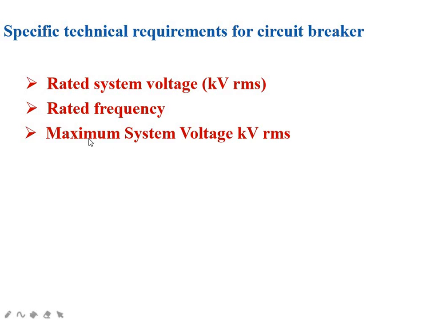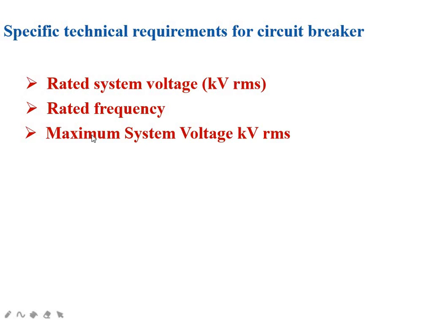But we also have to consider the maximum system voltage, because the system is not stable, depending on various factors. This system has some maximum value and some minimum value, but the maximum value we have to consider because that will affect the insulation system of the circuit breaker.